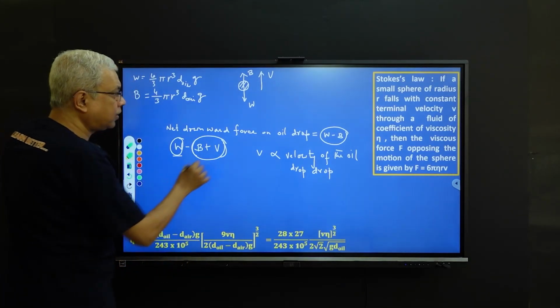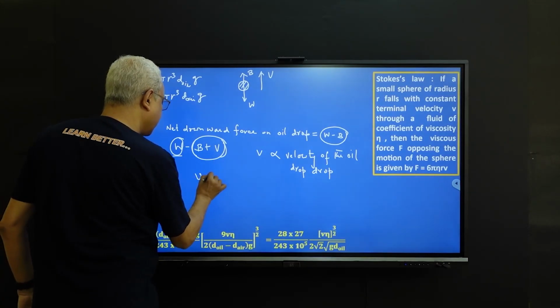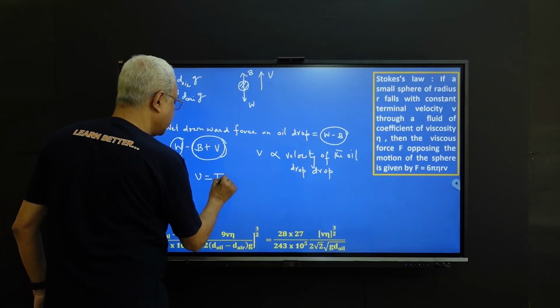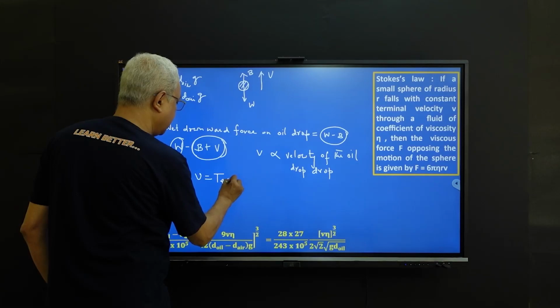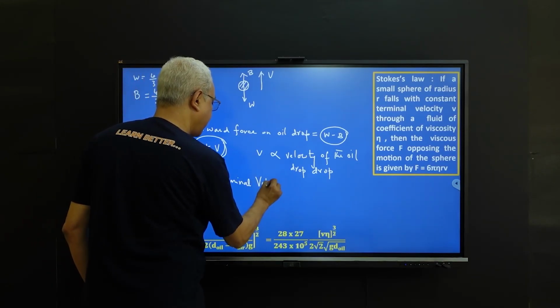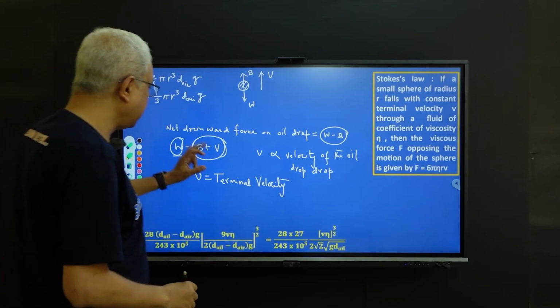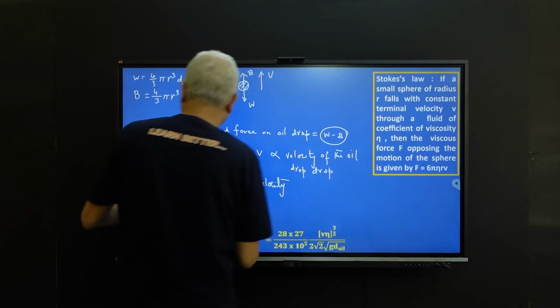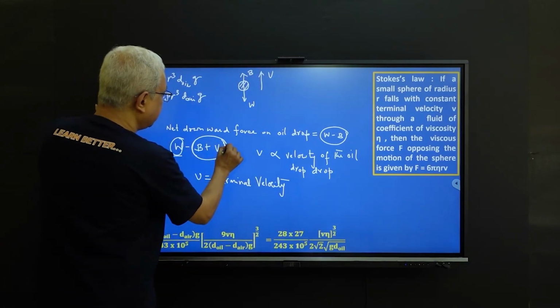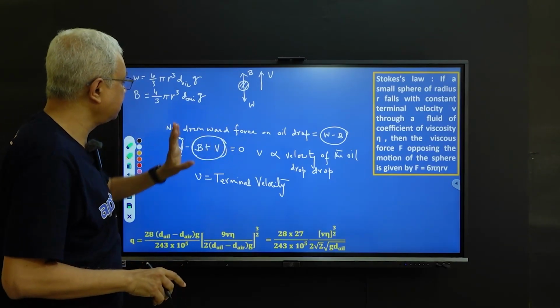And for the expression for terminal velocity, if I say v is the terminal velocity, then when the terminal velocity is achieved, the net force becomes 0.